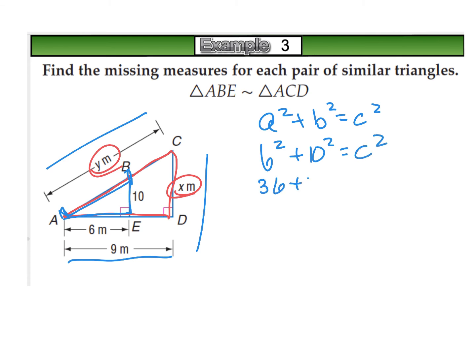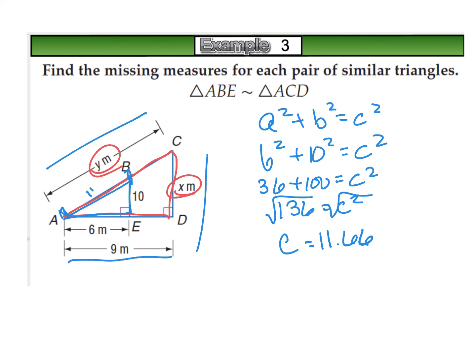So 36 plus 100 equals C squared is 136. Now I need to find the square root. My C, and I'm going to round it to the nearest hundredth, is 11 and 66 hundredths. So that's this part right here. That's part of our blue triangle.